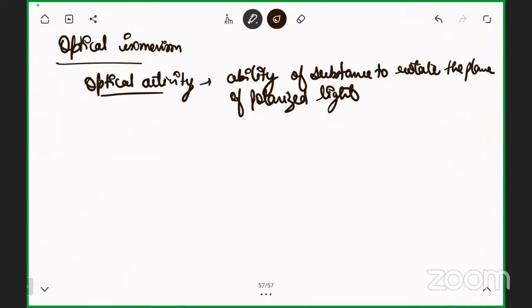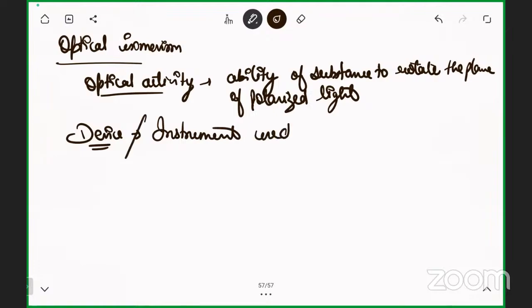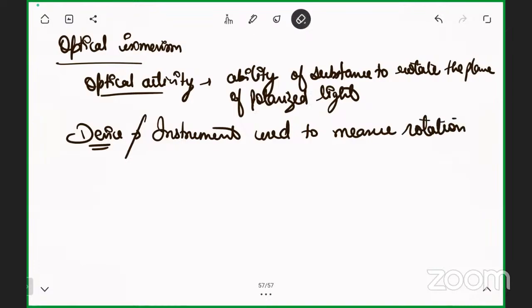In the plane of polarized light. Okay, so we have to discuss this. The instrument used to measure rotation is the polarimeter.